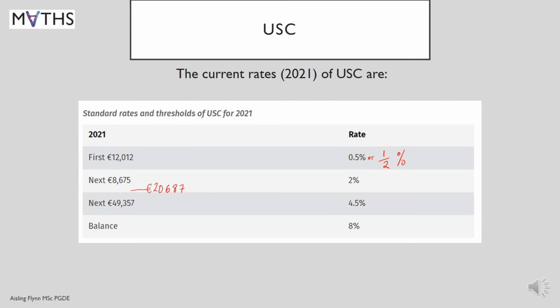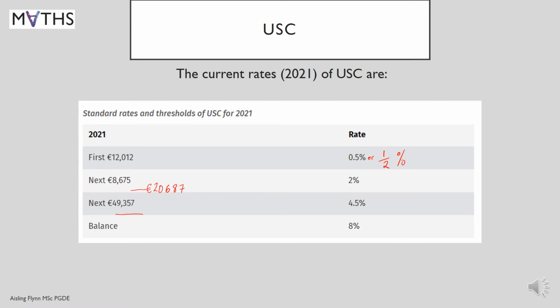Then if you earn more than 20,687, for the next 49,357, you'll be paying 4.5%. This would include most people, except the very high earners.